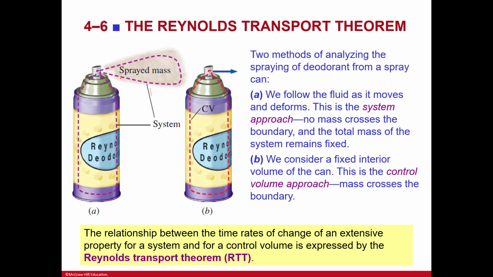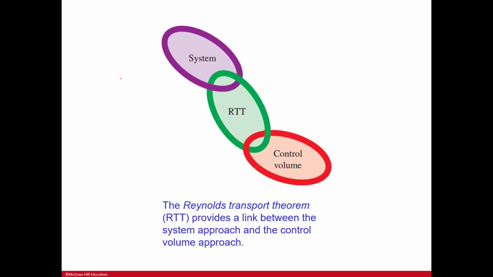Okay? And so here, just a little note, the relationship between the time rates of change of an extensive property for the system and the control volume is expressed by RTT, the Reynolds transport theorem. This is kind of what I drew earlier, where you have this flowing gas, and you're pushing it between the system approach and the control volume.